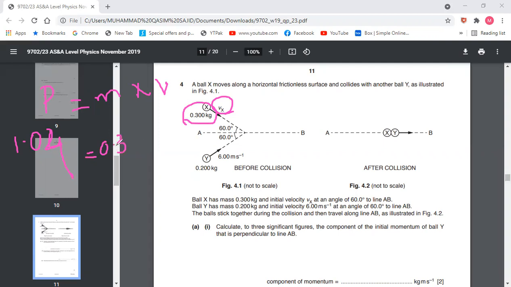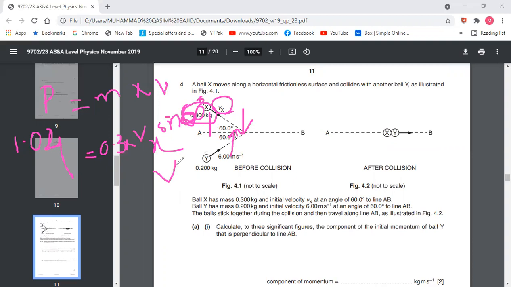Now 0.3 into Vx, and this is basically the perpendicular with respect to this one. So it must be 3.5 V meter per second sine 60 degree, because when I am taking this particle as perpendicular, I also take this perpendicular as positive.